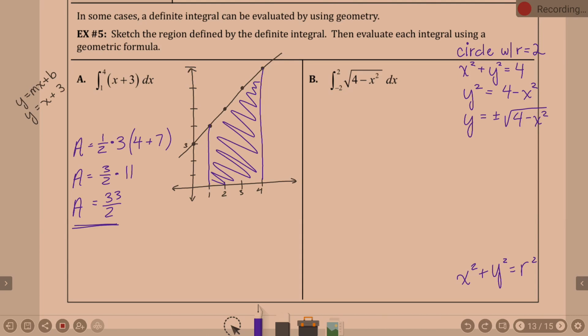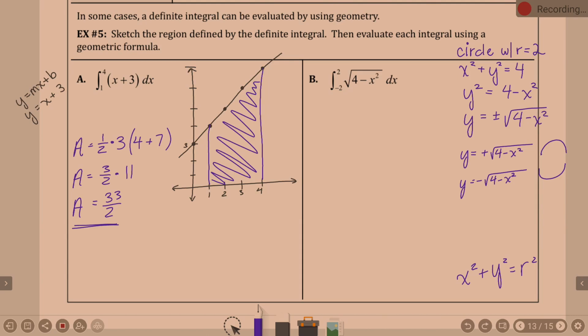Because I took the square root. The idea is the positive square root of 4 minus x squared is the positive half of the circle. The negative square root of 4 minus x squared is the negative half of the circle.